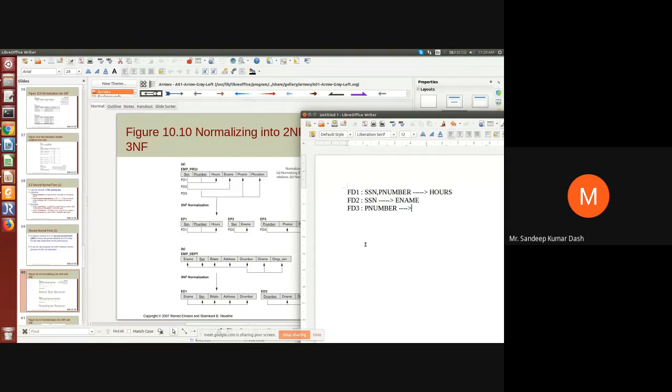These 3 are the functional dependencies set given for this relation. You can represent it in terms of this figure also. Now, first thing, before going on to 2NF, you have to say that this is conforming to 1NF. So tell me whether this is in 1NF or not. How to know it?